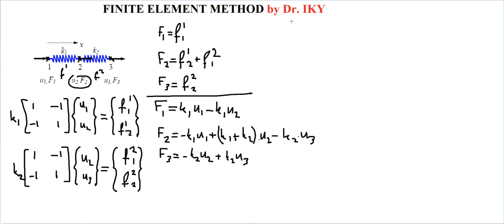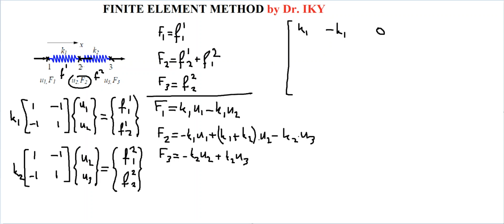So I am able to write this time K1, minus K1, and we have got U1, U2, U3, right? For U1, U2, U3, think about node 1, there is no connection with node 3. So this should be 0.